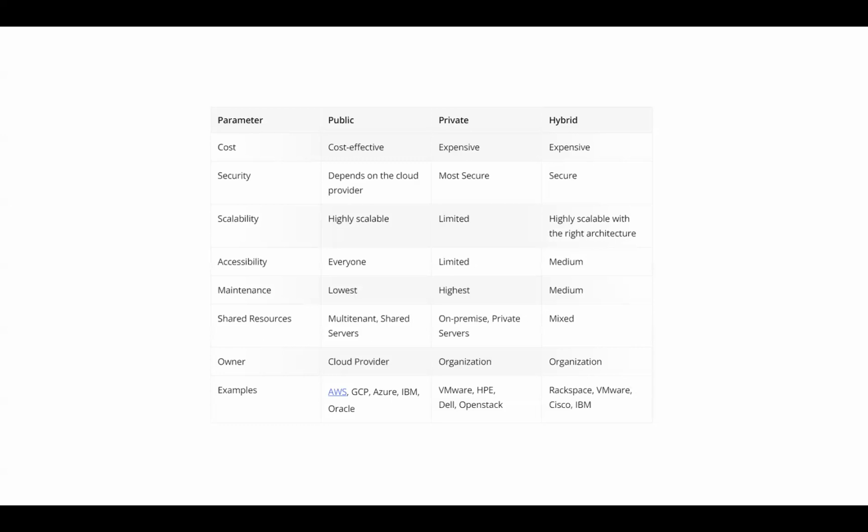And hybrid, as you know, is highly scalable and has the right architecture. Coming to accessibility, the public cloud is accessible to everyone. Whoever has the rights will be able to access that public cloud. There is a limitation on private because a specific organization is managing it, so they are totally cut off from the outside world.